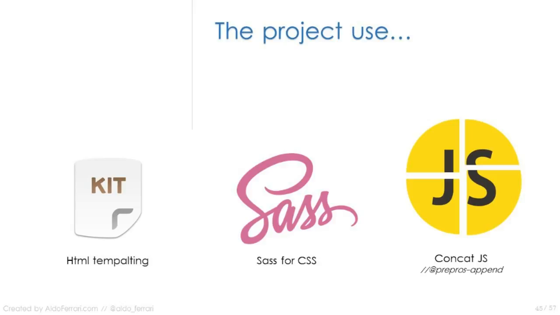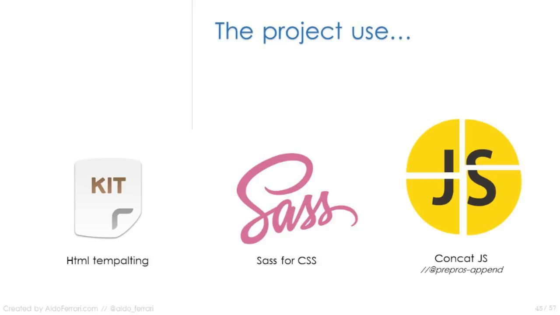This is very useful if you imagine that you have 20, 30, 40 pages, all of them have a header and a footer that are not changing, okay? Or they are changing slightly with some parameter, like the title of the page. So you can create pages called kit.kit that are automatically compiled into HTML pages.